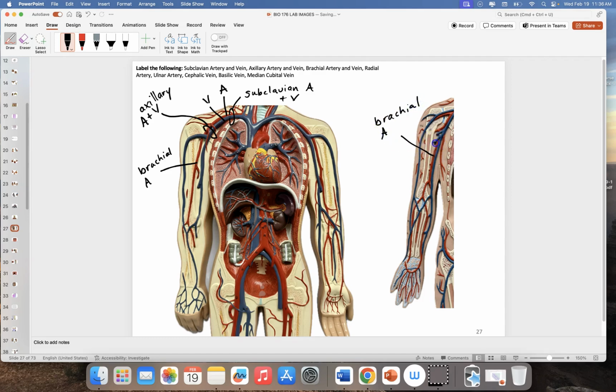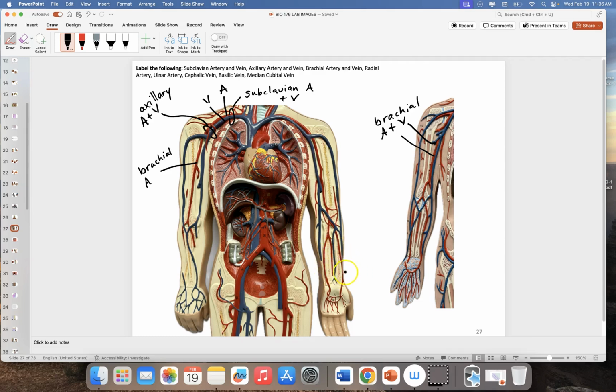And then we can see this very small branch of the brachial vein. Again, brachial artery and then brachial vein. We would have the same thing over here as well. So once we get into this brachial region, then we have that brachial artery.